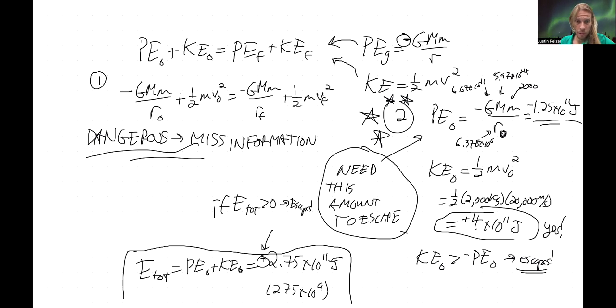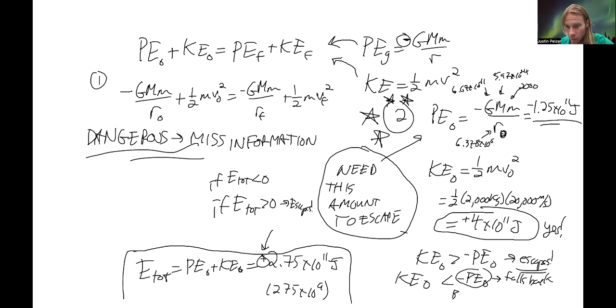If E total is negative, that means kinetic energy was not enough to escape, and it falls back. Gravity wins. The binding energy says you will not go away. It is binding.